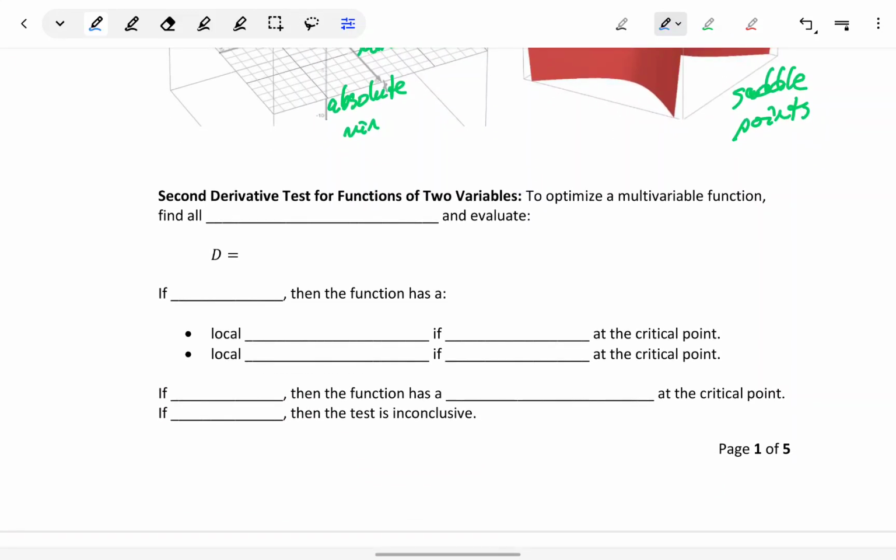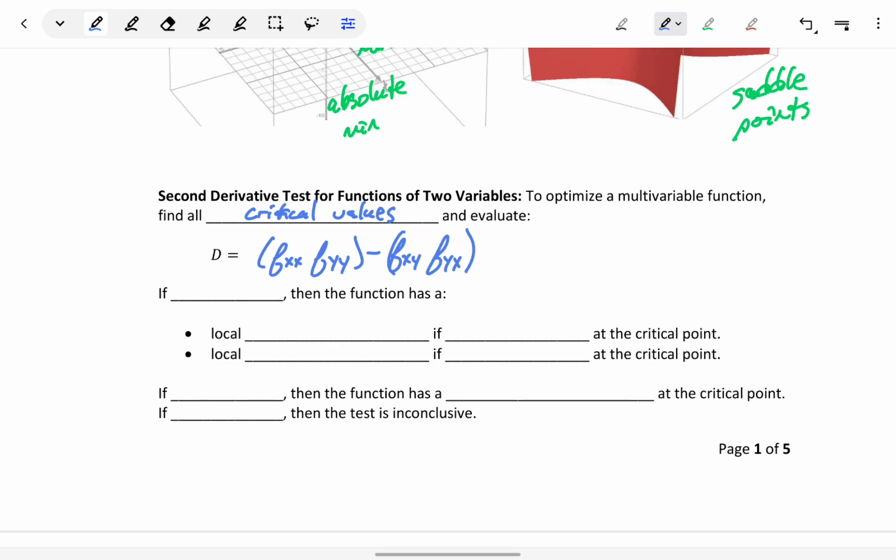In order to do this, we're going to apply the second derivative test for functions of two variables. To do this, we'll start off by finding all critical values for a given function, and then we'll evaluate this value D, which we calculate as f sub xx times f sub yy minus f sub xy times f sub yx, meaning we're going to find all four of those second derivatives.